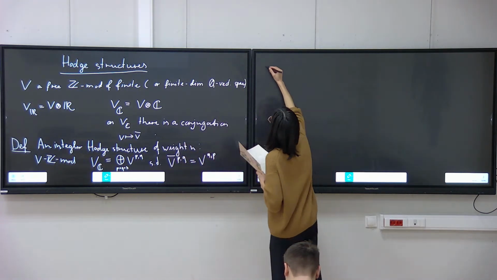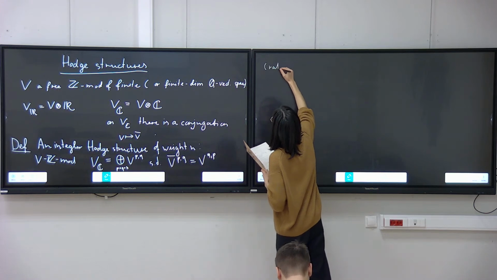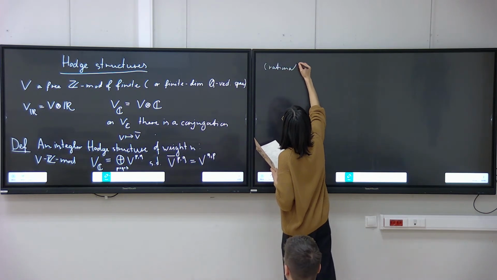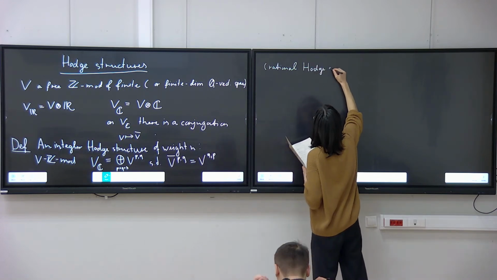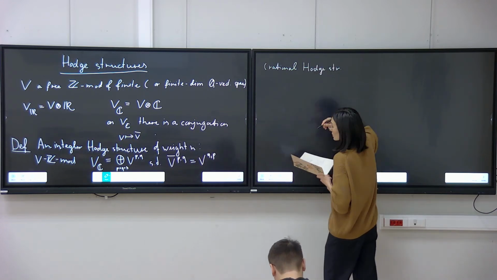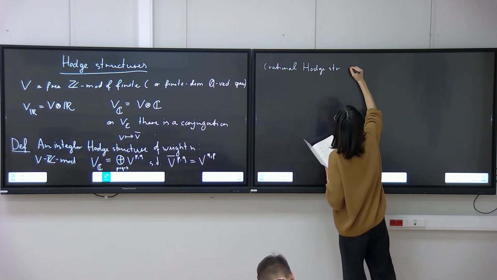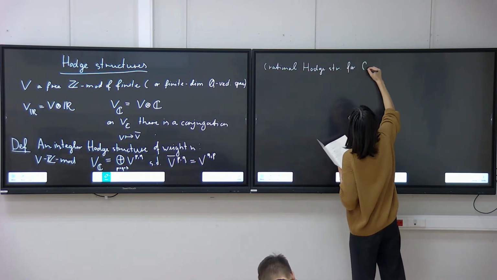Okay, and a rational Hodge structure is the same thing, but for a Q vector space.